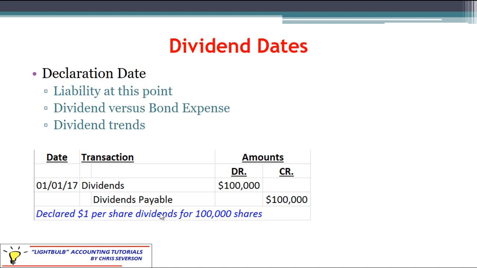Now, that being said, even though I say there's no guarantee that you're going to receive a dividend, for those companies that tend to issue dividends on a regular basis, the main reason that investors invest in that stock is because they know they can come to reasonably expect a dividend to be paid. It's not a guarantee, but it's a reasonable expectation.